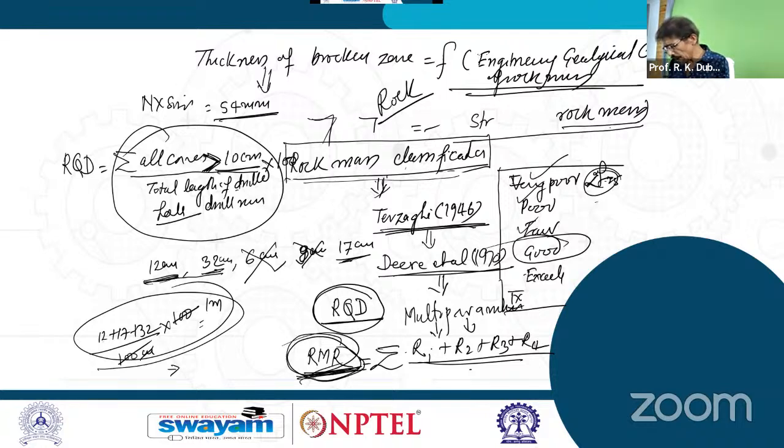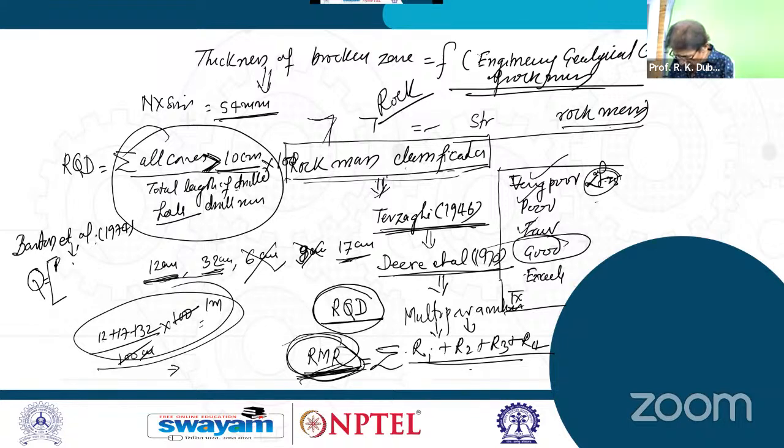Similarly, another index known as the rock mass quality index was given by Nick Barton et al. from the Norwegian Geotechnical Institute, 1974. They suggested a rock mass quality index Q, and Q also has 6 parameters arranged in 3 quotients.